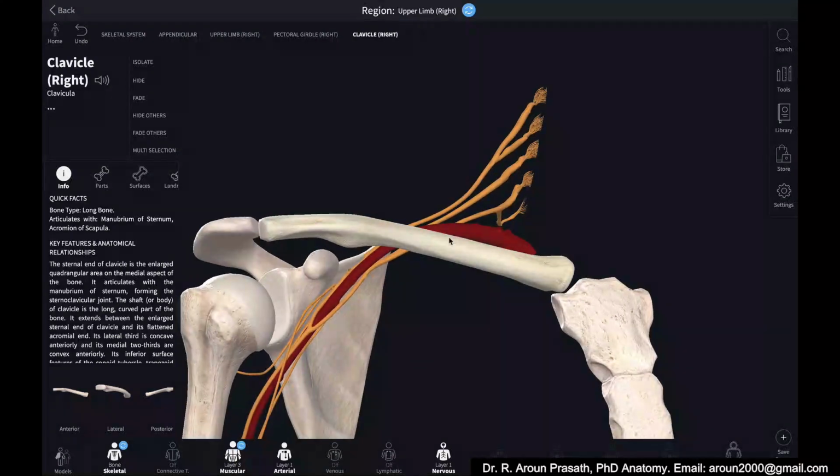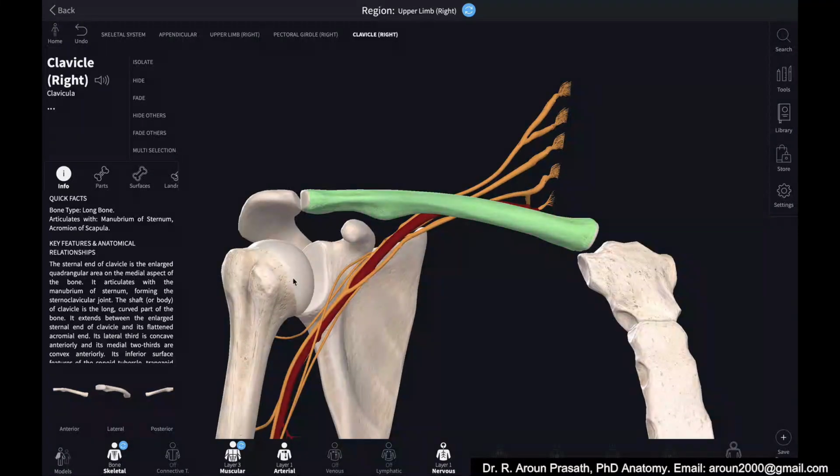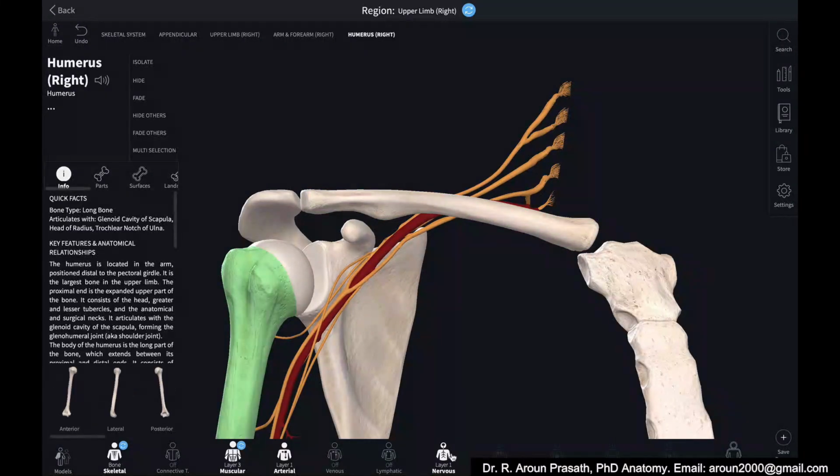This is the only bone that transmits the body weight of the upper limb towards the midline of the body.